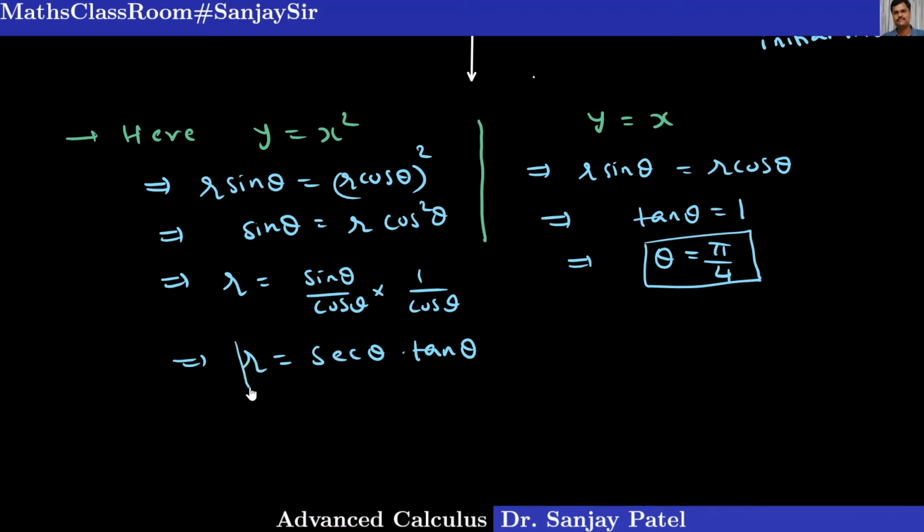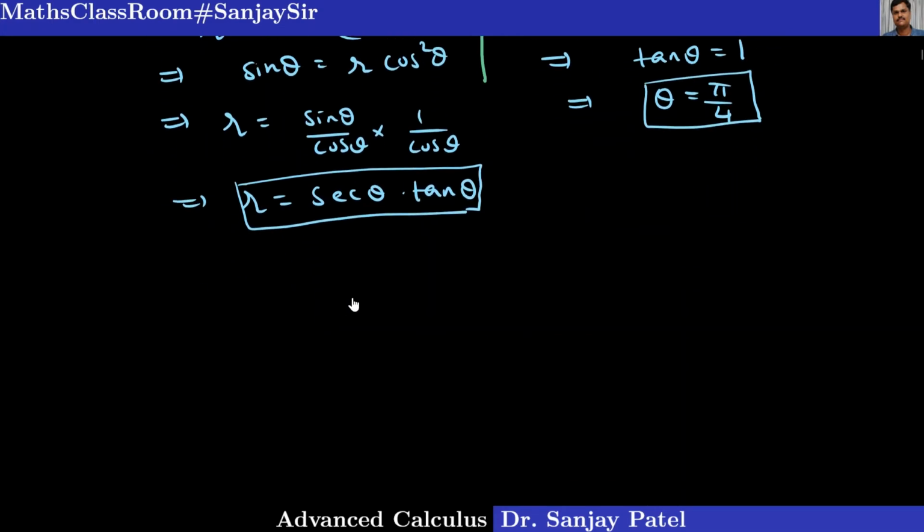And the polar equation of y is equal to x square, the parabola, is r is equal to sec theta into tan theta.